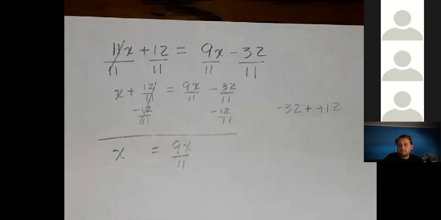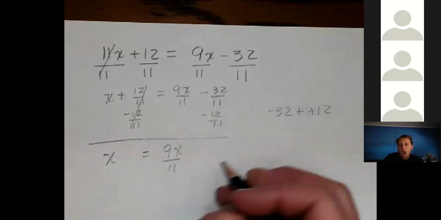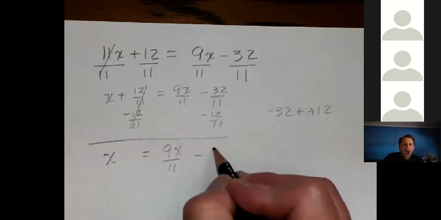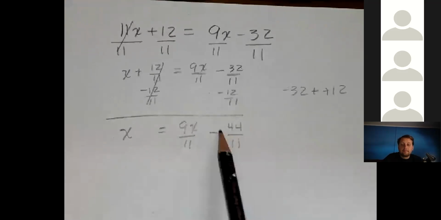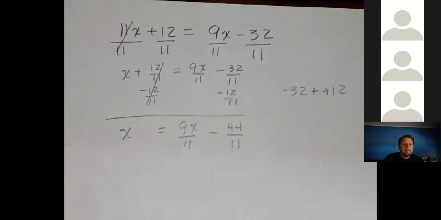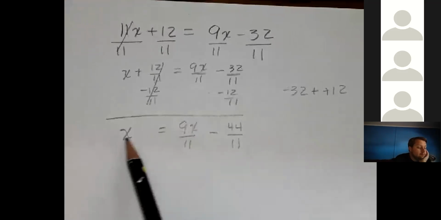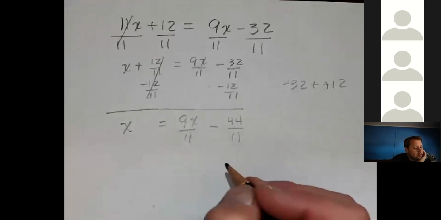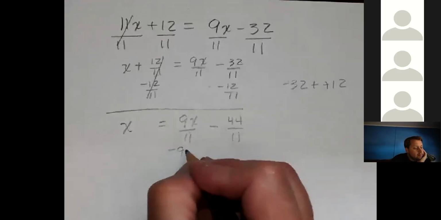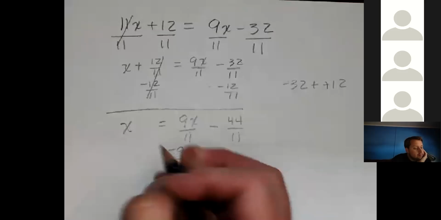9x over 11. You should see the answers I'm getting here. Negative 32 11ths. It's definitely negative 44. Notice how we keep getting some of the same answers show up. Now what are we going to do? Well, I have to get all the x's. I guess I better subtract 9x over 11.